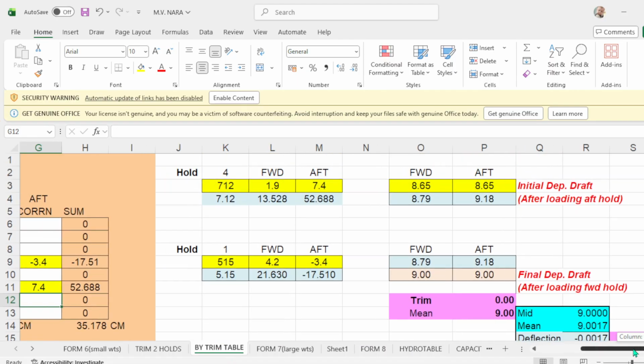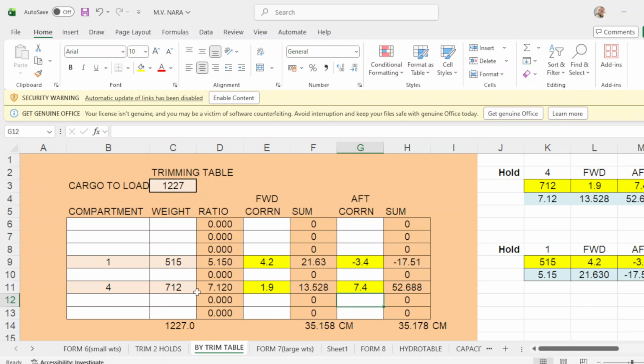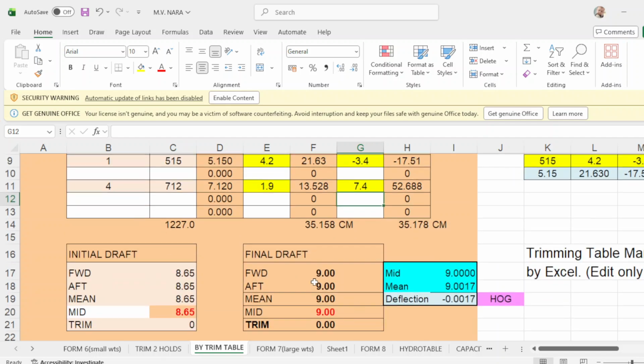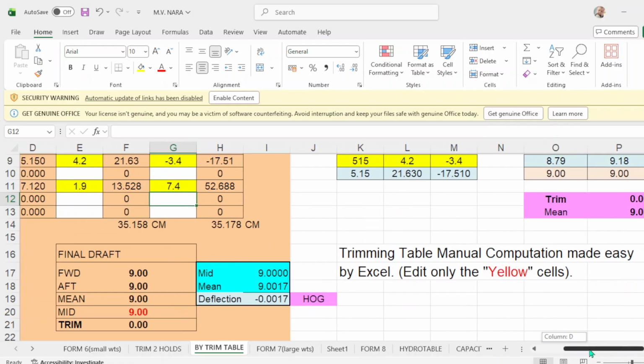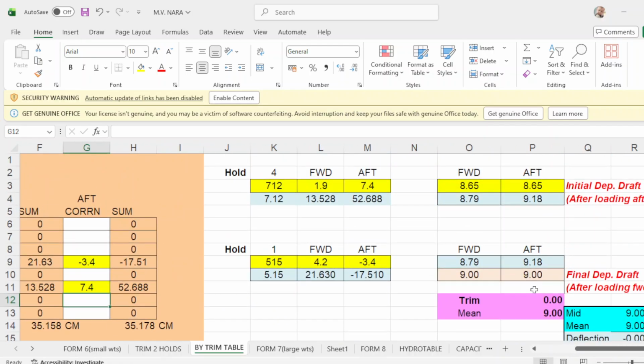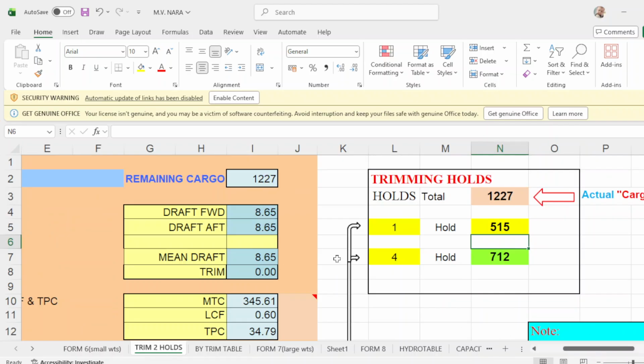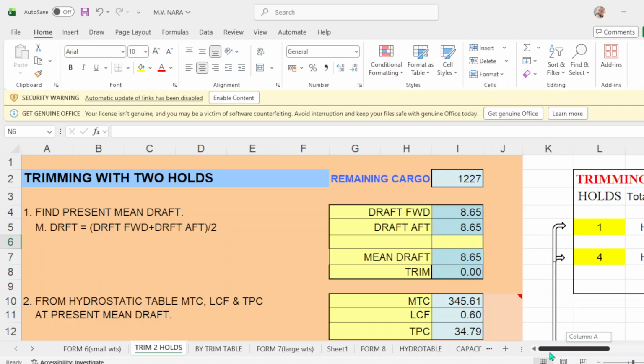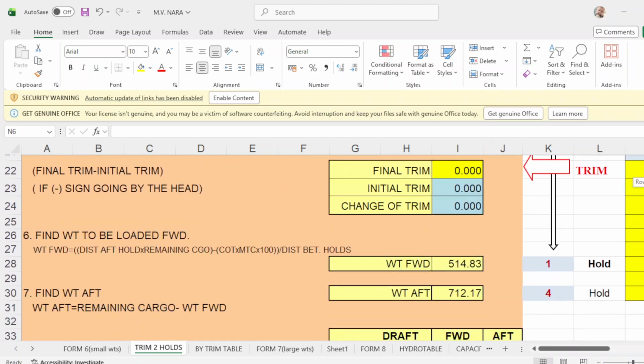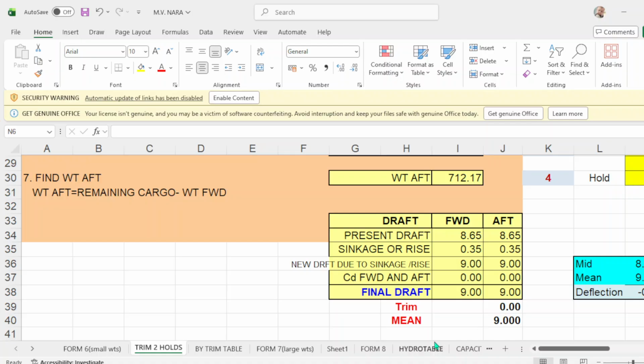Okay. Trimming table. You have here even keel 9 meters, and the other one, even keel 9 meters and 0 deflection. And by trim holds 2, okay, trimming 2 holds, you will have also even keel of 9 meters and 0 deflection.